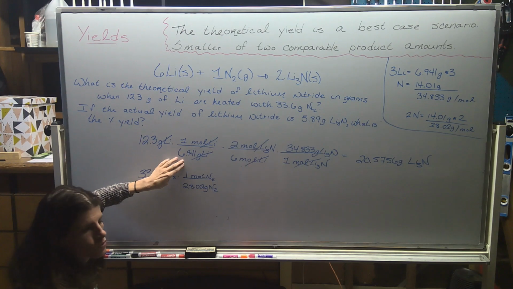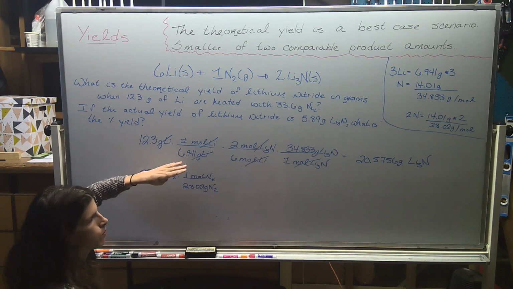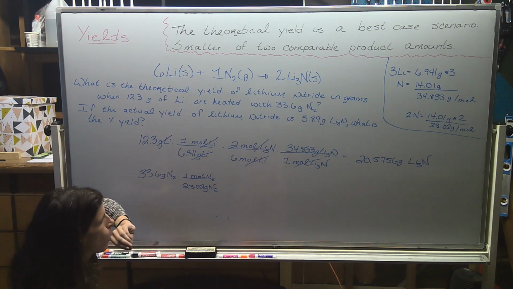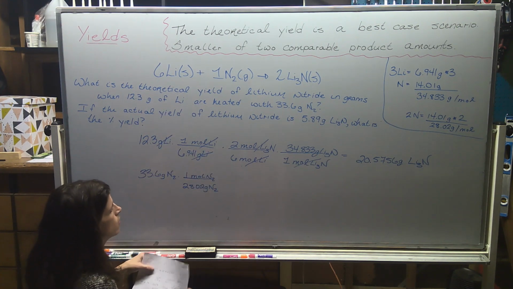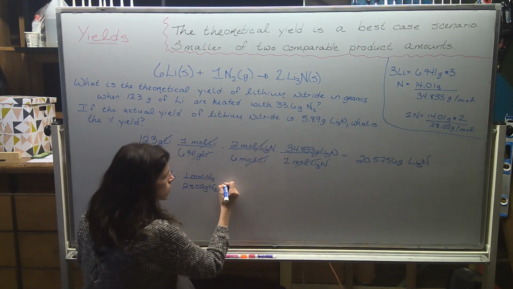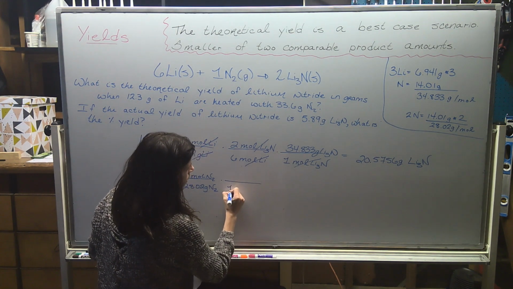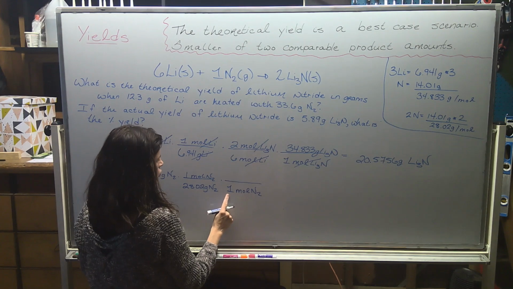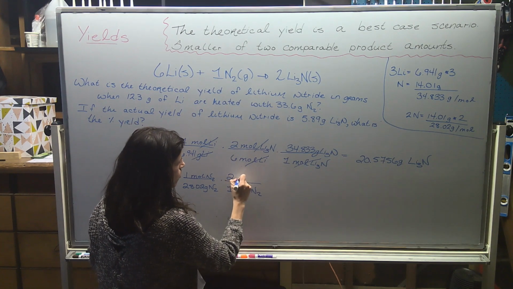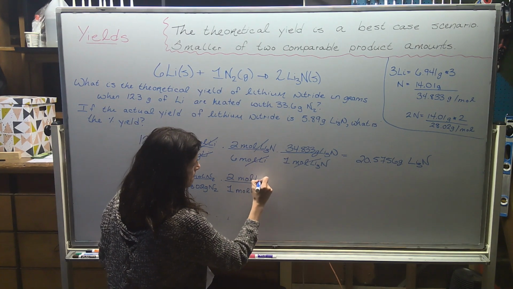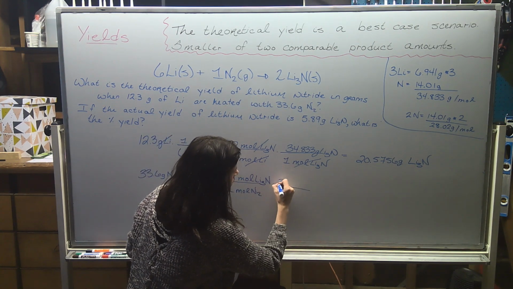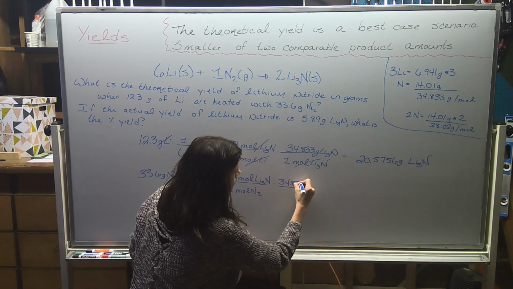So that's why, for instance, with lithium, I just used 6.941. I didn't worry about this 6. The coefficients are captured in the mole to mole ratio. So we don't want to capture them twice. So this one is the coefficient, and then we have 2 moles of lithium nitride. And then I'll tack on the molar mass of lithium nitride.